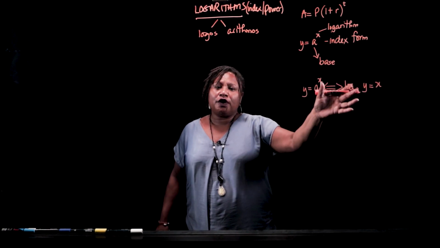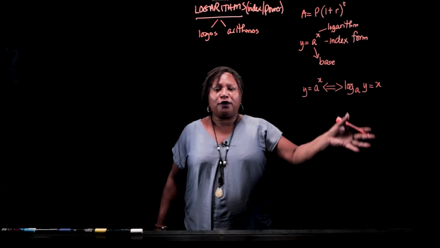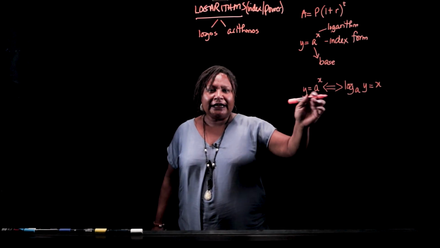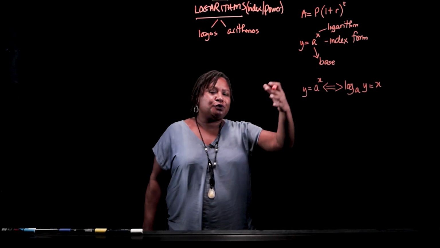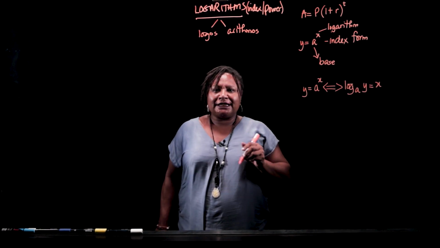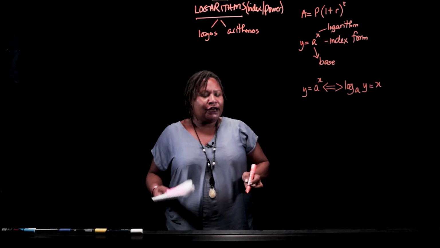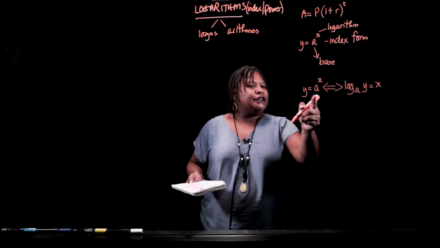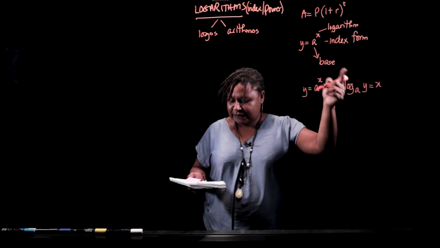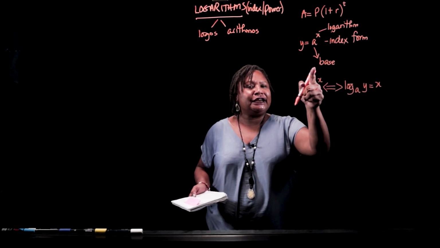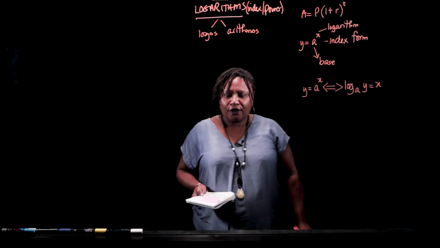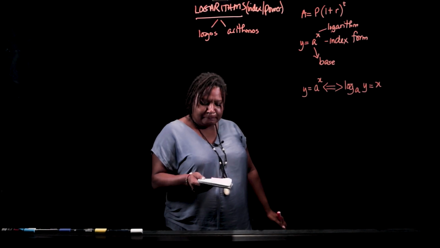So when you're looking for logarithm, you are in fact going back to find the index that was used to find the number that is given here. So this is known as equivalent statements in index form and in logarithm form.